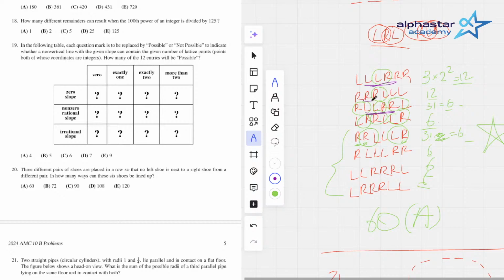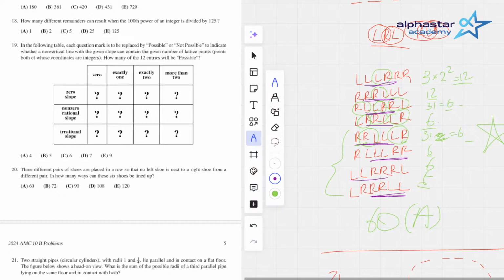Similarly, we can have RRLL and have those two possibilities, or we can have RRLL at the start, RRLL at the end, LLRR at the end, or LLRR at the start, and each of these only has one possibility, because if we did RRLL then we would end with LRL, which would make it impossible to win.